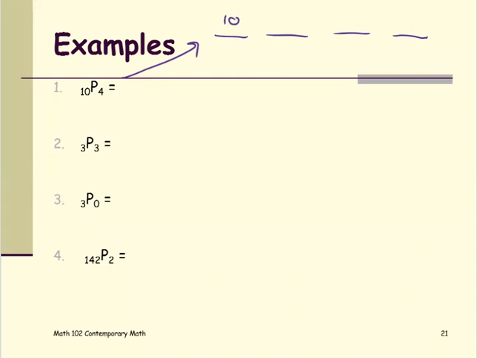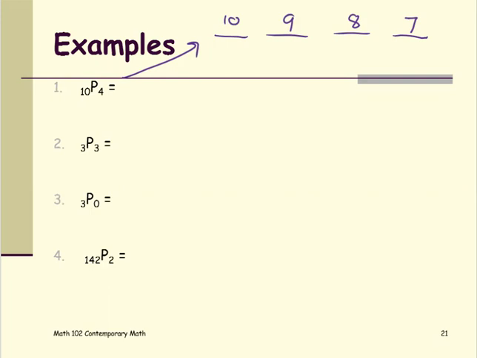Second time, since 1 is already placed, that item is done, so the rest of the group is down to 9. So the second time you have just 9 options, and then 8 options, and then 7 options. This is the way to expand it or do it by hand. I'm going to show you real quick that the result is the same as the permutation of 10 selecting 4 and the product of 10, 9, 8, and 7.